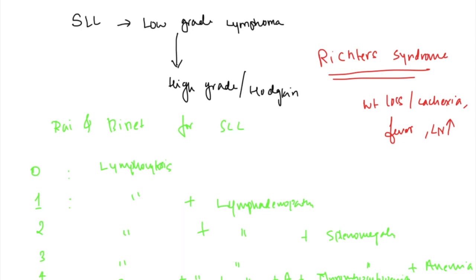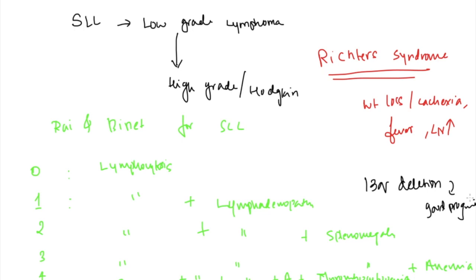So that is the classification or staging of SLL. And lastly, just to remember, I've mentioned 13q deletion is really good. It's associated with a good prognosis. So that's all you need to know about CLL and SLL.